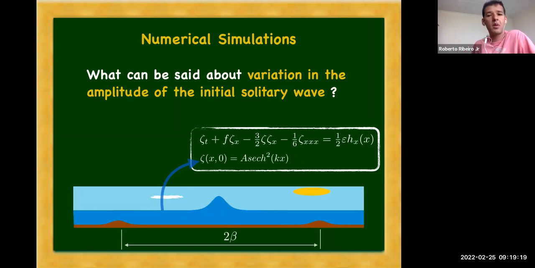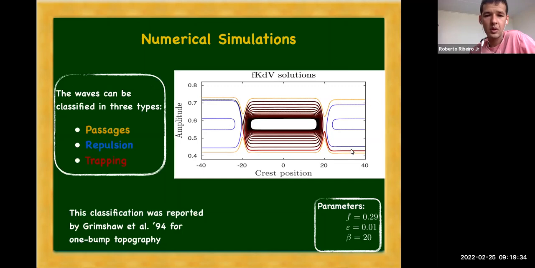Now let's see what happens when we vary the amplitude of the initial wave. Let's first explain this figure here. This figure is like a phase portrait for an ODE.